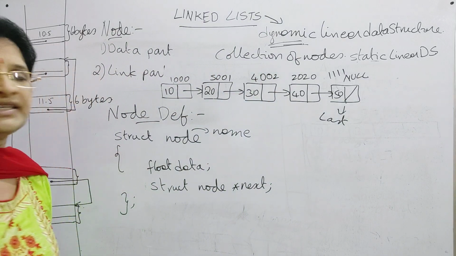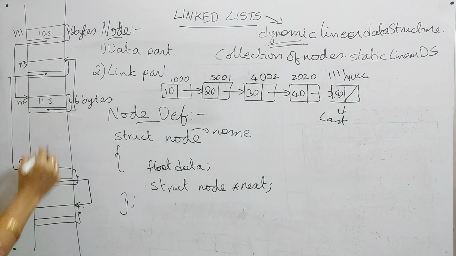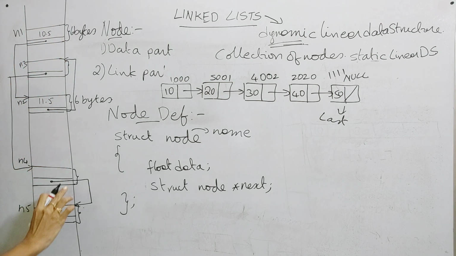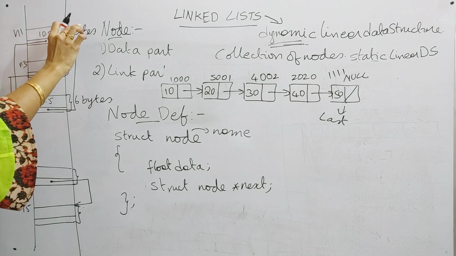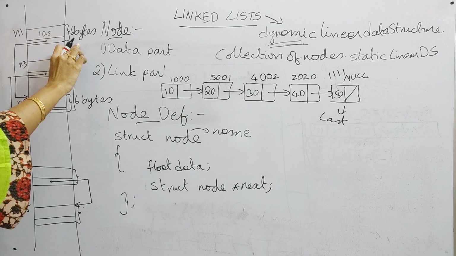These are the memory locations of your nodes. All the nodes occupy memory at separate locations, because only 6 bytes is required, and whenever 6 bytes is required, it is allocated for that particular node.